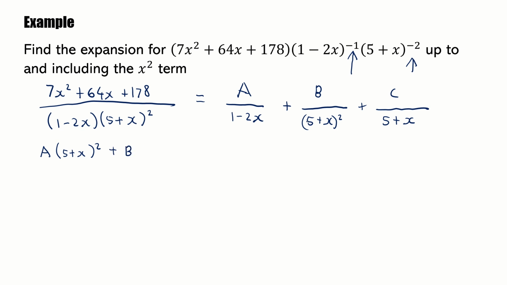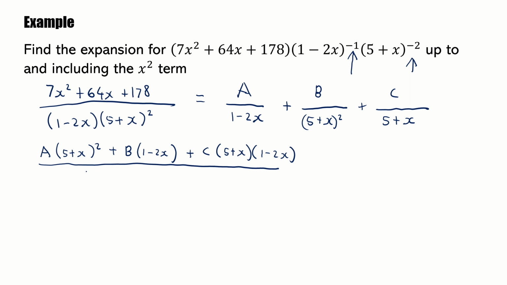The fraction with the numerator of b already has a 5 plus x all squared, so it only needs an extra 1 minus 2x to make it have the required denominator. And then the c partial fraction already has just a 5 plus x to the power of 1. That means we need an extra 5 plus x to be multiplied by it to create that 5 plus x to the power of 2, and also the 1 minus 2x. Cool, because doing all that creates your common denominator of 1 minus 2x, 5 plus x all squared.